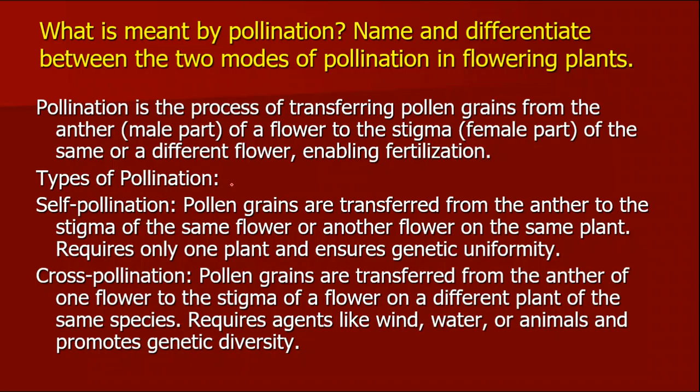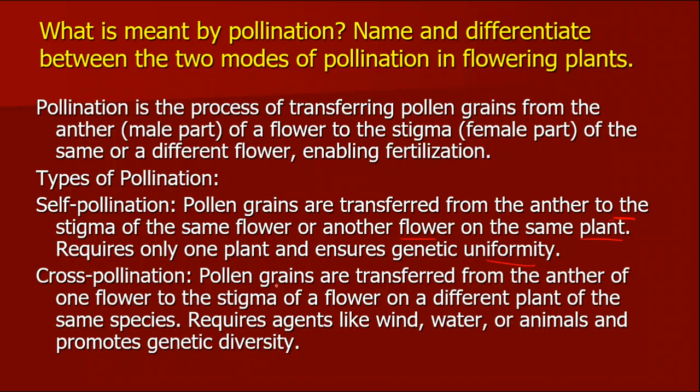Types of pollination you know very well: self-pollination and cross-pollination. In self-pollination, pollen grains are transferred from the anther to the stigma of the same flower or another flower on the same plant. It requires only one plant and ensures genetic uniformity.